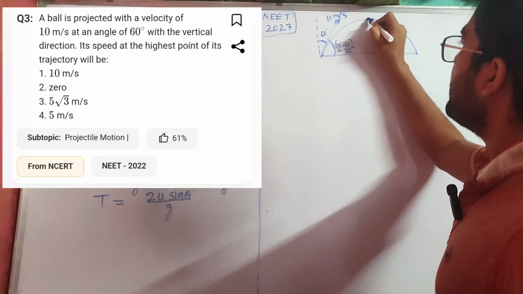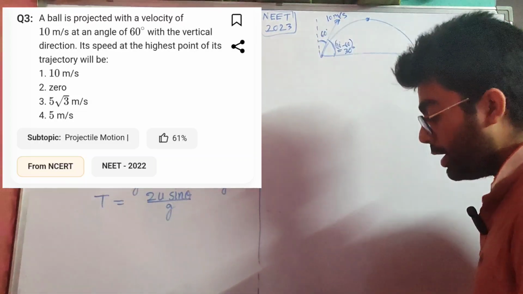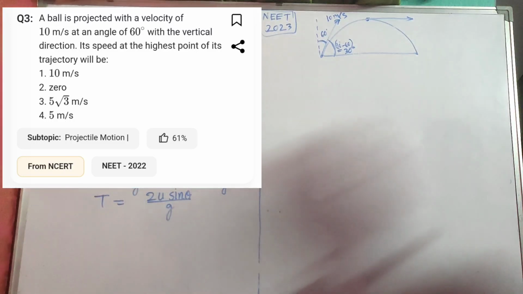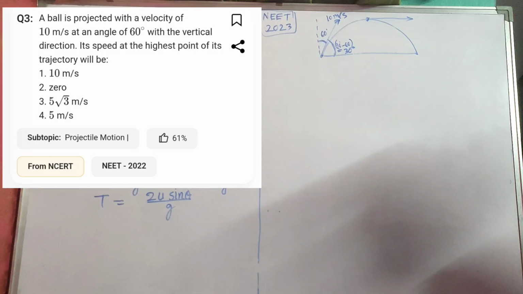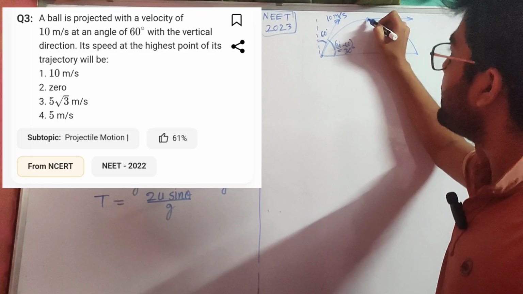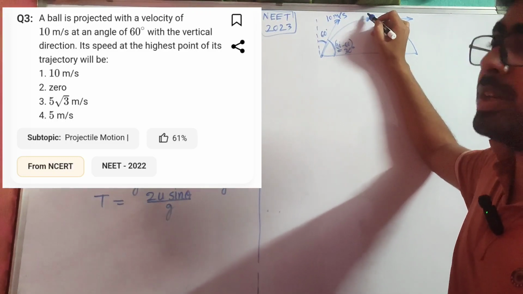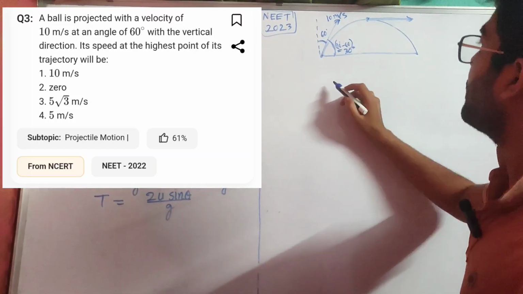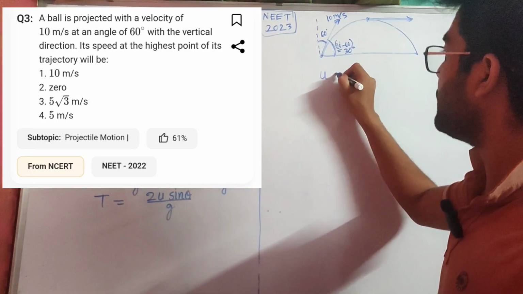At the highest point of its trajectory, the particle has two velocities. One along the vertical axis, which is always 0, and along the horizontal axis the velocity is a component of the initial velocity, u cos theta.